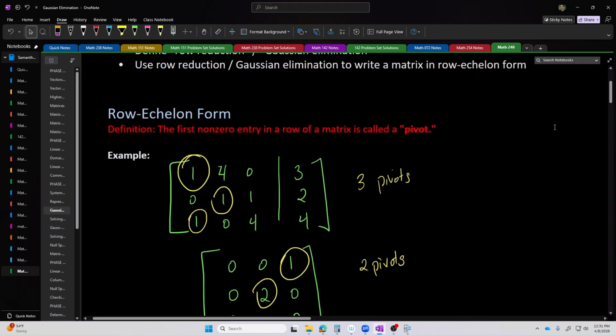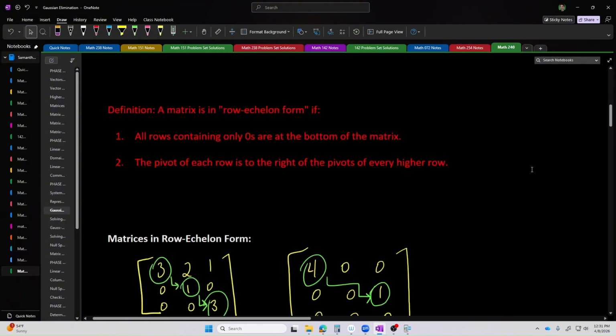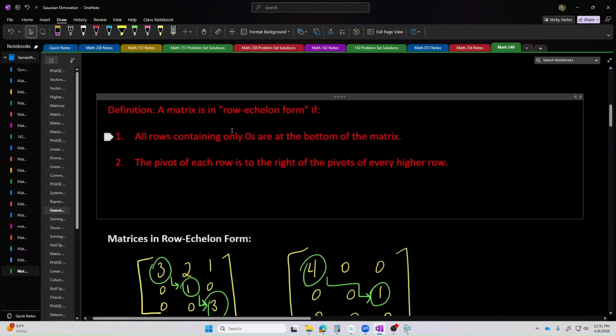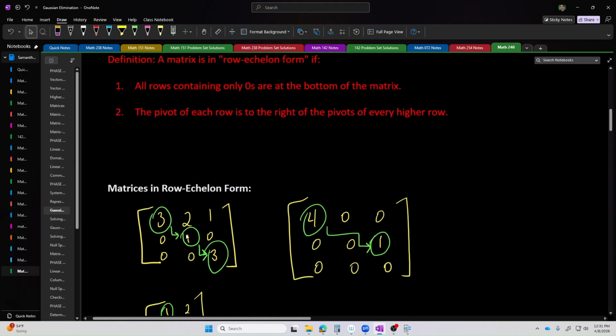And row echelon form had the following two properties. We needed rows containing zeros to be shuffled to the bottom. We also needed the pivots of each row of the matrix to have this sort of staggered staircase pattern, where as you move down the rows of the matrix, the pivots move over to the right.